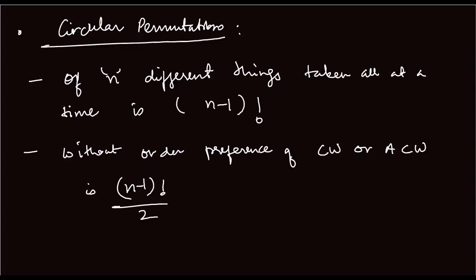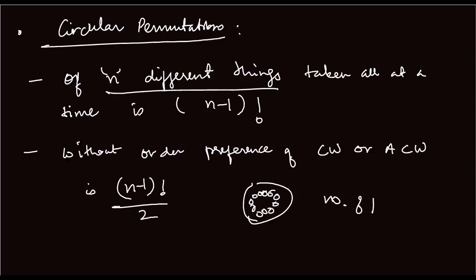An example can be given as the pearls of a necklace. They are arranged in a circle, and let's say all are different. So the number of permutations will be the permutations of these pearls, such that we have a different necklace all the time.